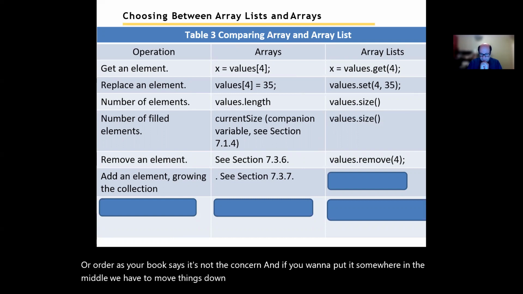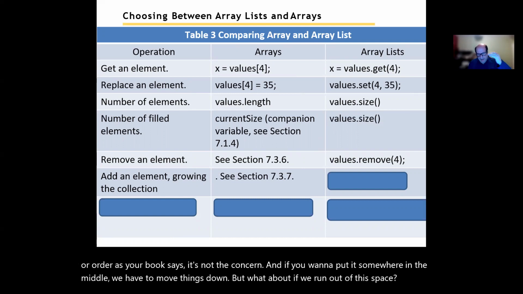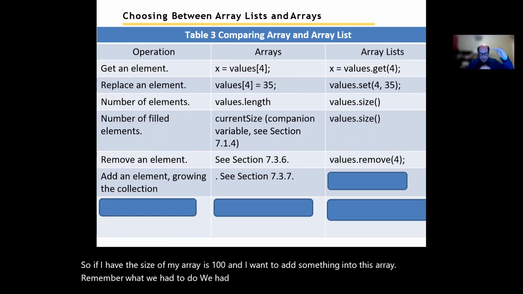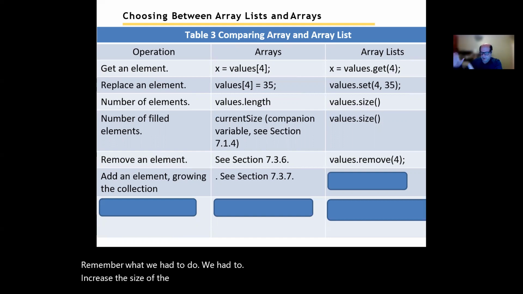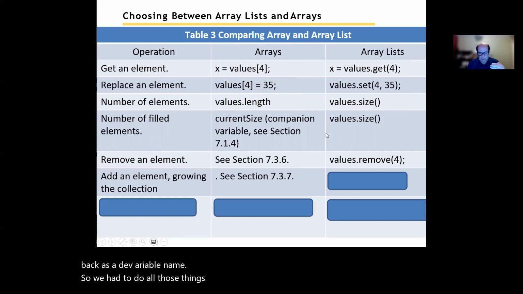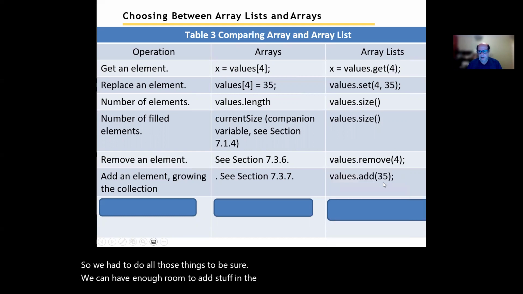But what about if we run out of space? If the size of my array is 100, and I want to add something into this array, remember what we had to do? We had to increase the size of the array, copy the stuff from another array to this one, and possibly put it back as the variable name. We had to do all those things to be sure we have enough room to add stuff in the array. In here, I don't have to worry about any of those things. Array list is going to do it for us.